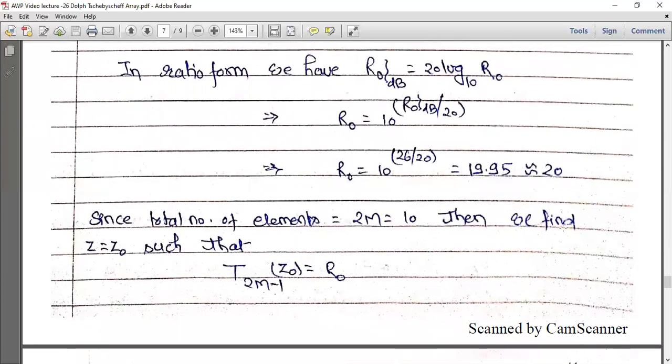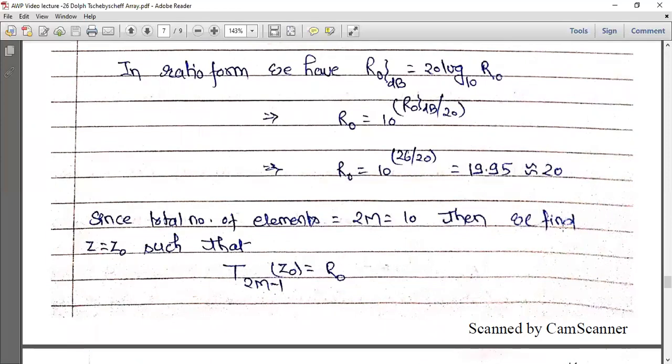Now since it is given that the total number of elements in the antenna array is 10, we try to find a value of z for the Chebyshev polynomial of degree 1 less than the total number of elements.